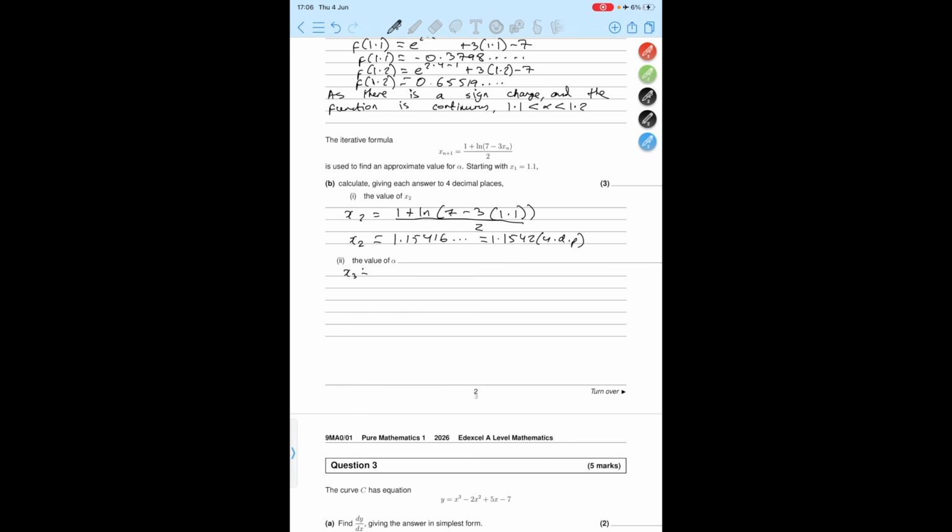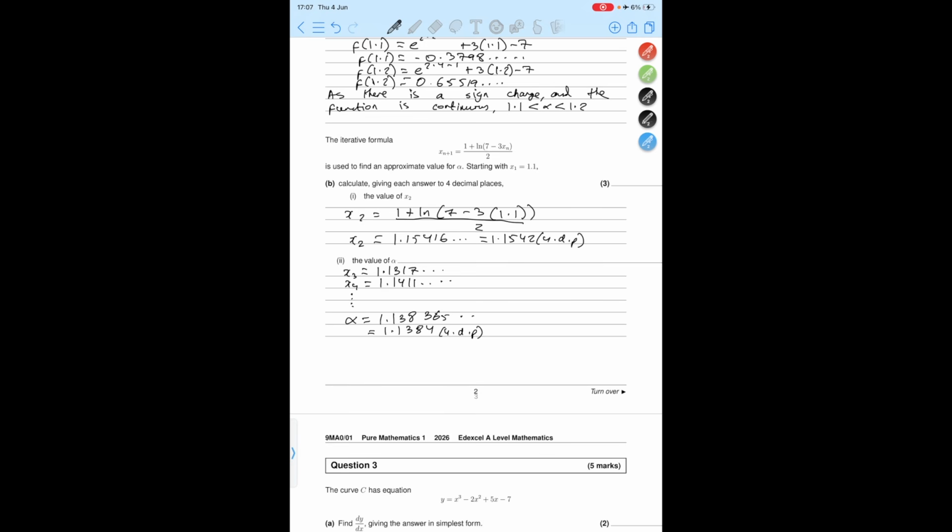So I'm going to write down the next couple. x3 is 1.1317, x4 is equal to 1.1411, and if we keep spamming that equals button, we're going to get that alpha converges to 1.138365 and so on, which is 1.1384 to 4 dp.